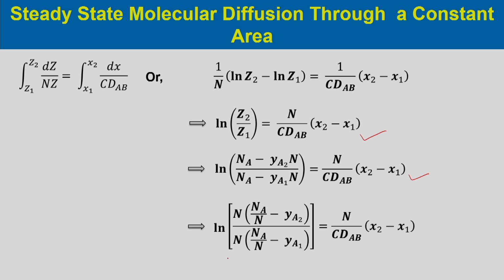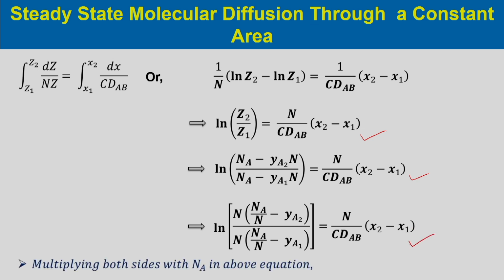So, it would be ln of (N times (NA by N minus yA2)) divided by (N times (NA by N minus yA1)). If we multiply both numerator and denominator by N, the left hand side is like this, and the right hand side should be N by C DAB into (x2 minus x1).